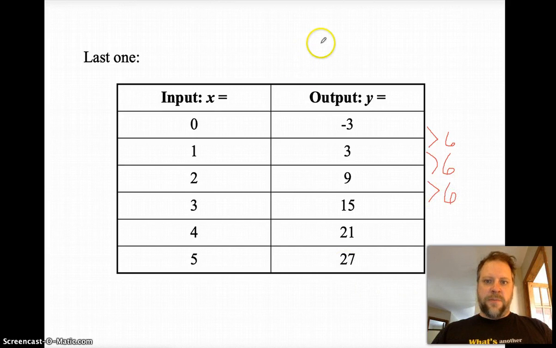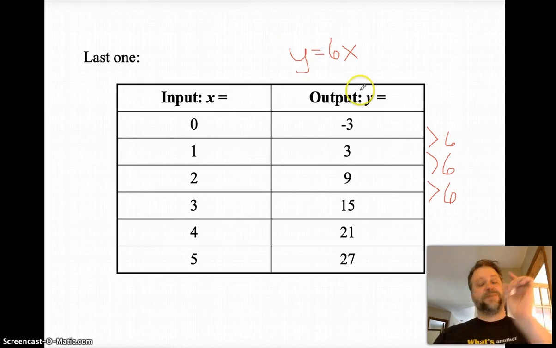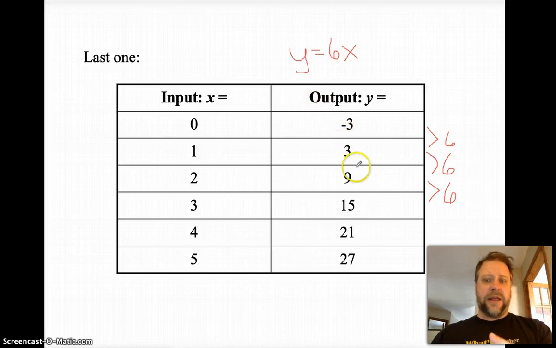So my answer must include a 6 times x. Remember to include the y equals. So y equals 6 times x, but that's not all of it, because 6 times 1 is not 3, it is 6. So what is the part that comes after? Well, this part right here we can get by looking at the 0. The 0 is, in this case, -3.